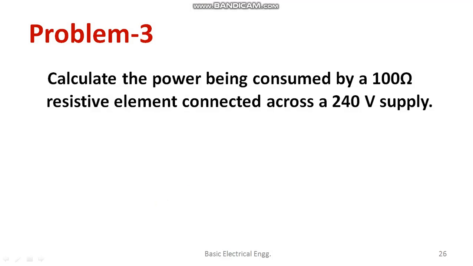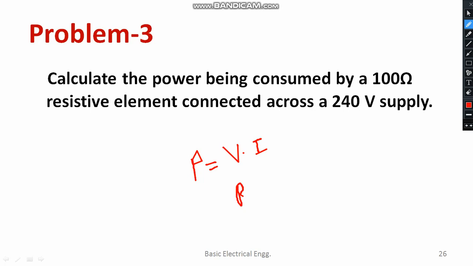Next, calculate the power being consumed by a 100 ohm resistive element connected across 240 volt. Power is P equal to Vrms into Irms, that is V into I. R is given as 100 ohm, and the voltage is also provided, 240.